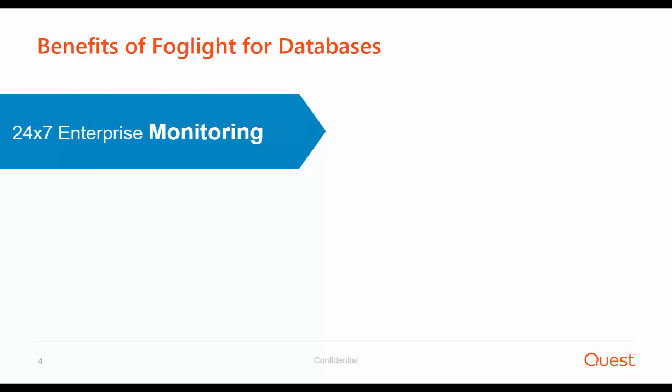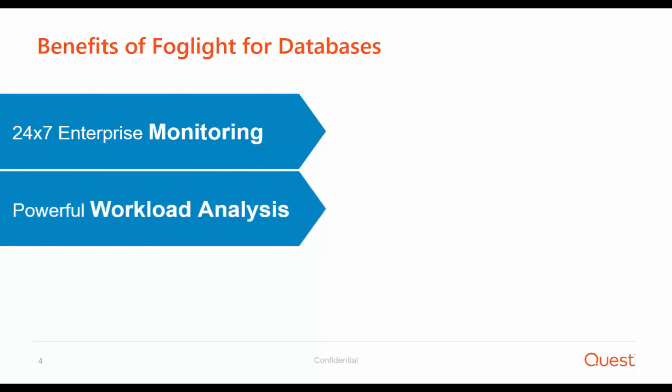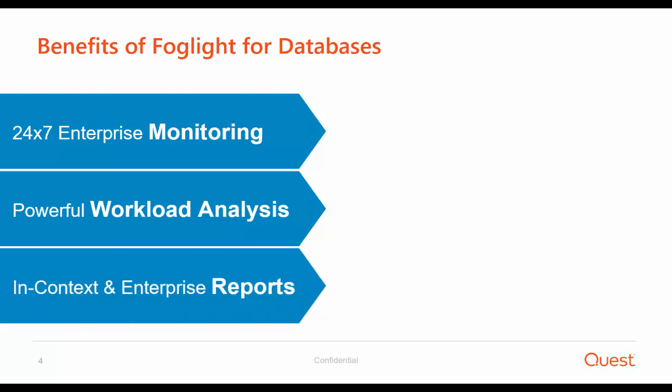It's a 24 by 7 enterprise monitoring solution which allows you to effectively monitor your database environments. It features deep resource monitoring capabilities with a powerful analysis toolset to quickly identify issues and proactively fix them before they become a real problem. This solution also offers a comprehensive set of in-context and enterprise reports.